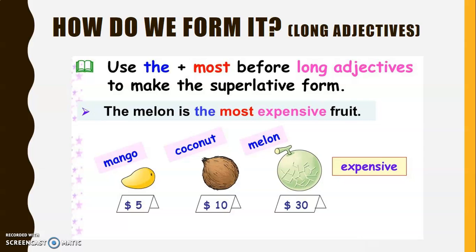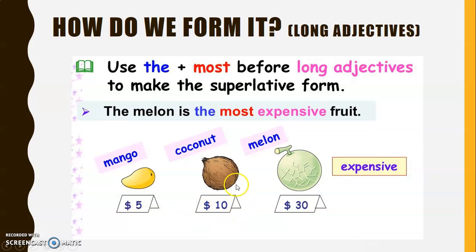How about long adjectives? Well, in the case of long adjectives, it's simple. We just use the, como en todos los casos, most, then the adjective, and that's it. For example, we have mango costs $5.